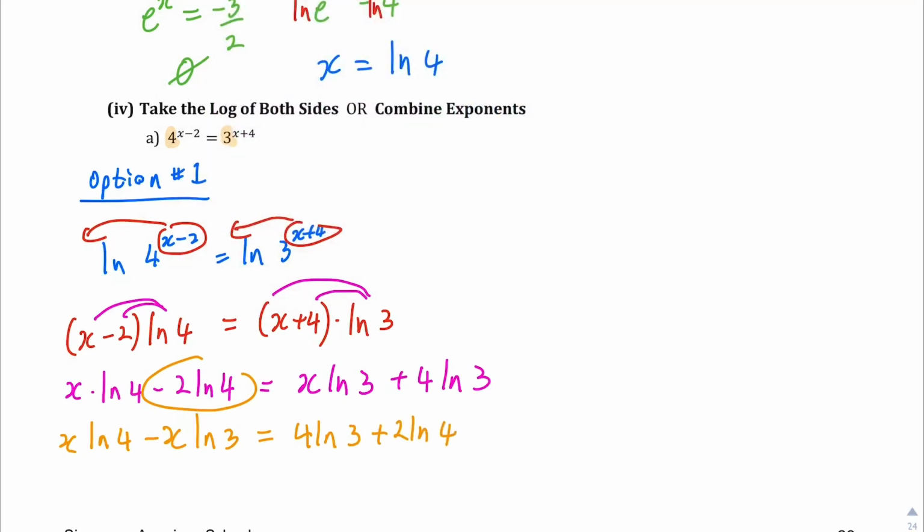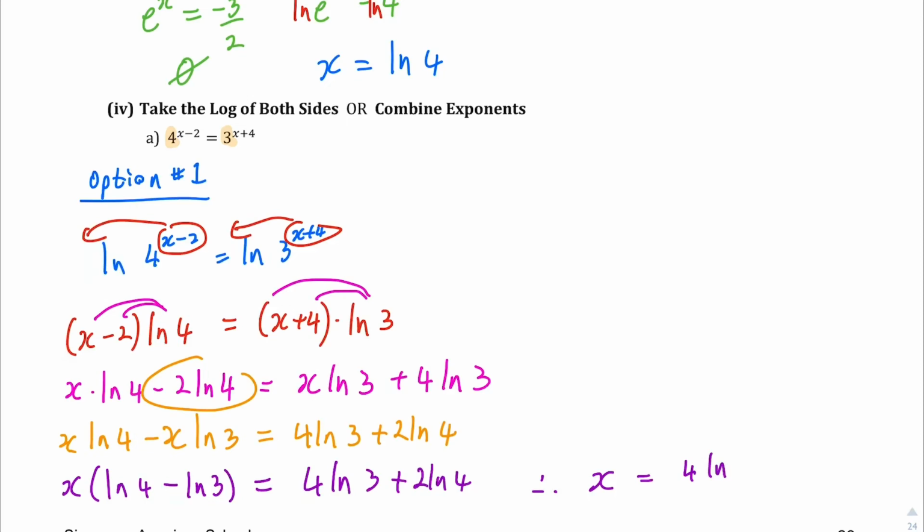I'm then going to factor out my x, leaving me with ln 4 minus ln 3 in the parentheses, 4 ln 3 plus 2 ln 4 on the right-hand side. And last but not least, divide through by the coefficient of x. And there we have our final answer for x.